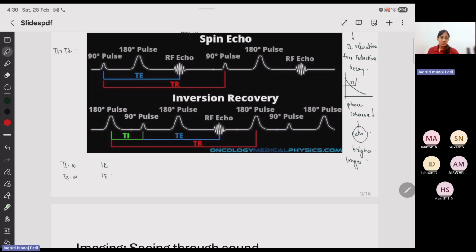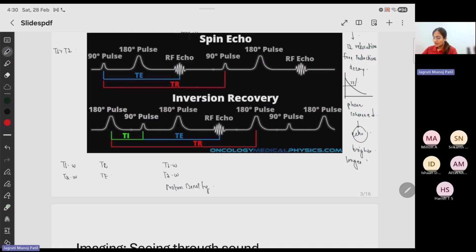Okay, so following it, we have a table with T1 weighted images and T2 weighted images. There's another special category, which wasn't discussed in brief, but I'll just write it here: proton density weighted image.